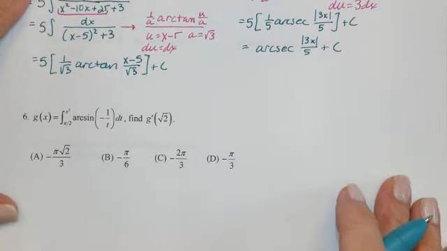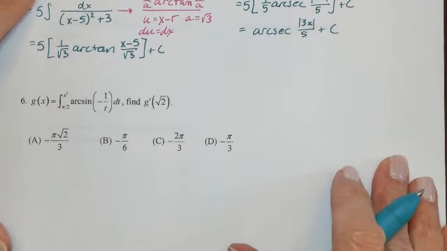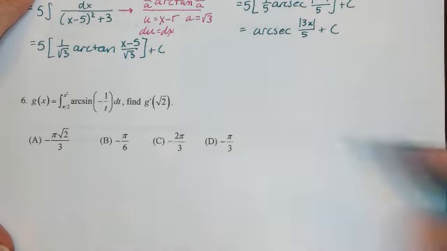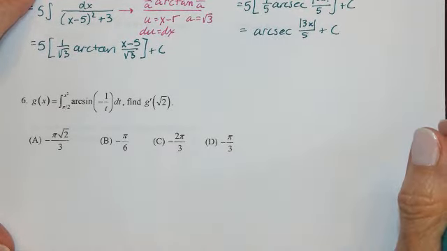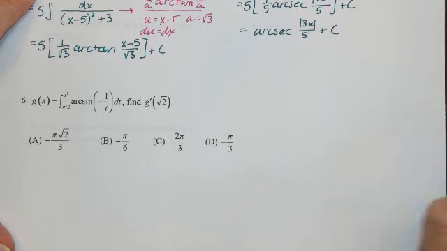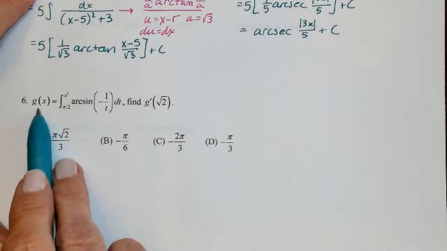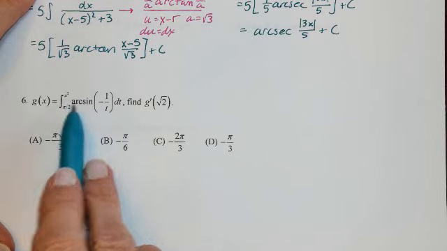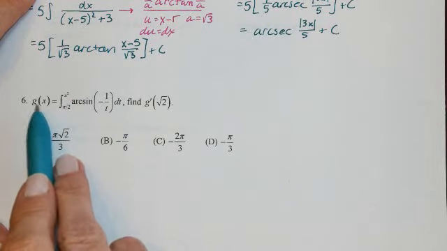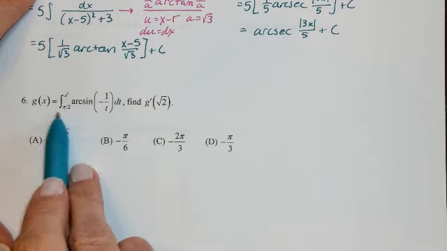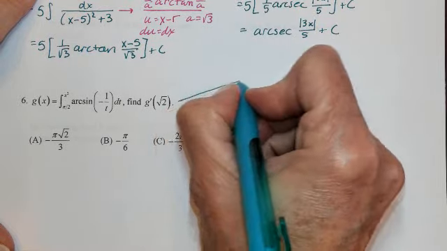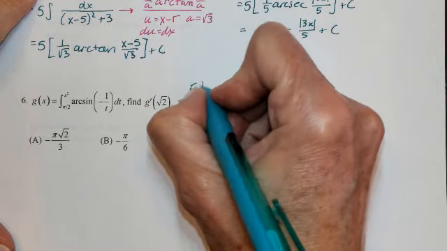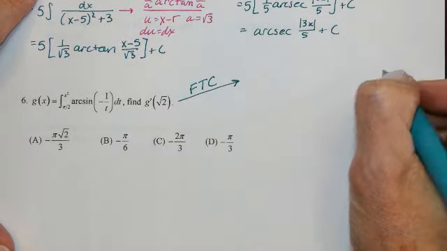Okay. Number 6. Everything that we did before, we can now put inverse trig functions in too. So here we have g that's defined to be this integral. And we want to find g prime. So we're taking the derivative of this. Hopefully you remember that is the fundamental theorem of calculus.